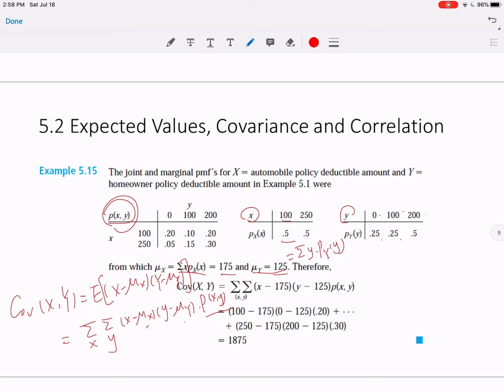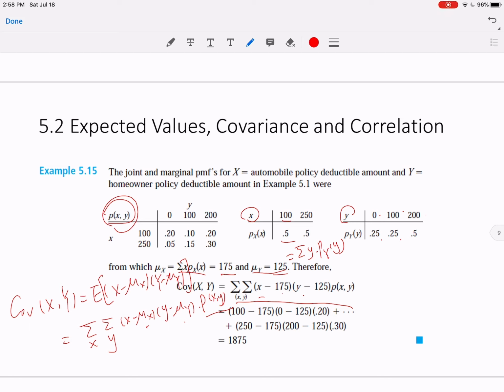Once we have both mu X and mu Y, we just plug them back into this formula: the summation over X and Y of (X minus mu sub X, which is 175) times (Y minus mu sub Y, which is 125) times the joint PMF.